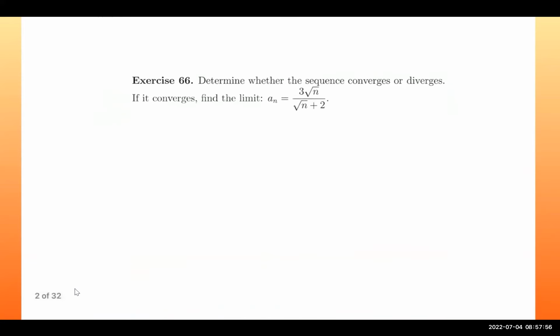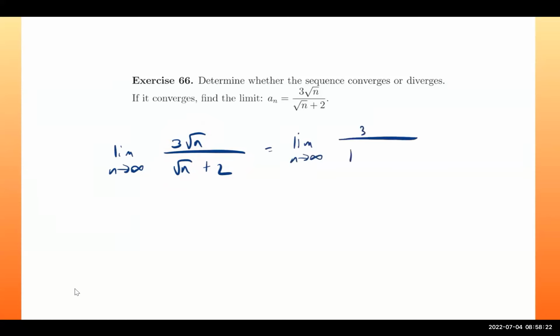All right, same thing for this example. So we start off by taking the limit as n approaches infinity of the sequence. And we want to divide each term by the highest power of the denominator, which is square root of n. So if you do that, you're going to get the limit as n approaches infinity of 3, 1 plus 2 over square root of n.